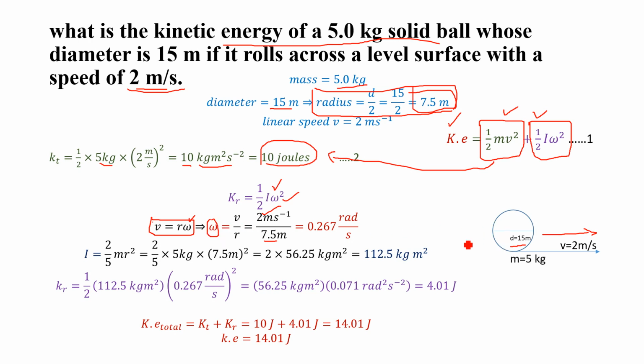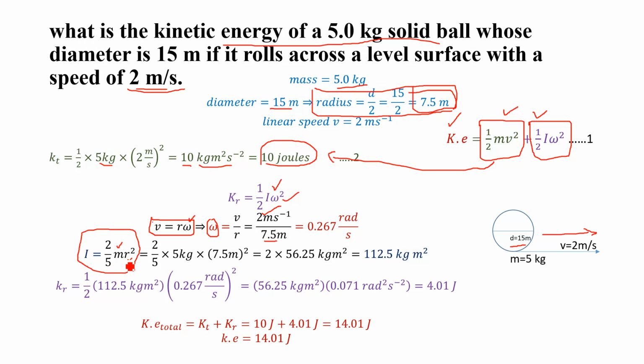Now we need to calculate the moment of inertia of this solid ball, and the moment of inertia for different shape objects is different, but right now we are dealing with a sphere, and the moment of inertia for a spherical shape object is 2 divided by 5 mr square, where m is mass and r is the radius. 2 by 5 is a constant value.